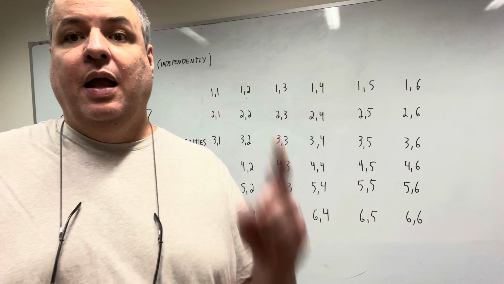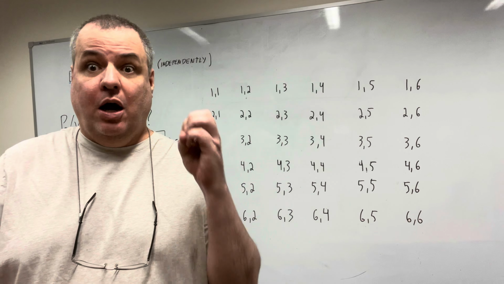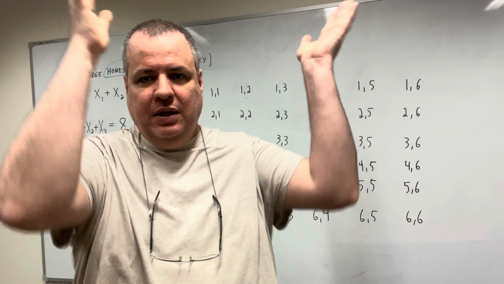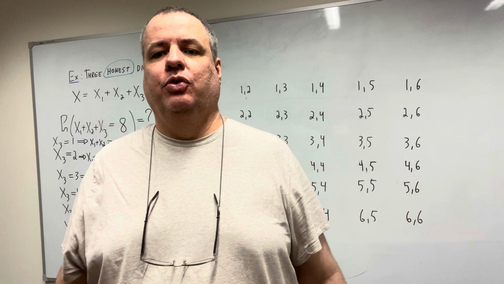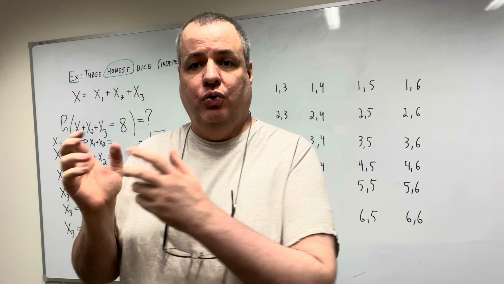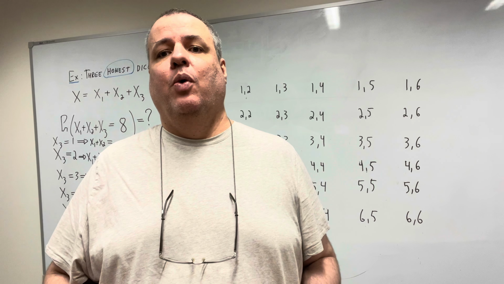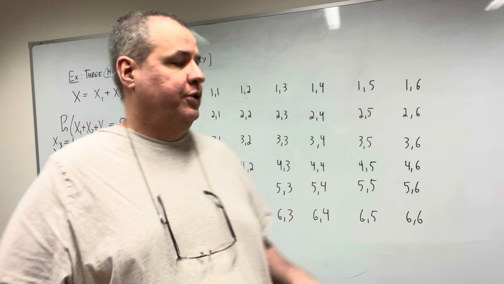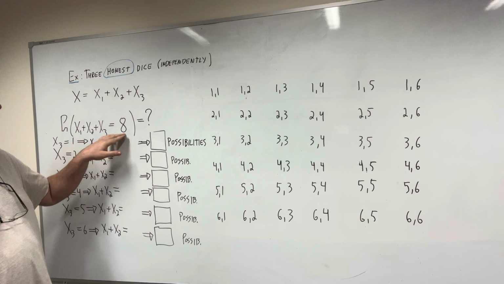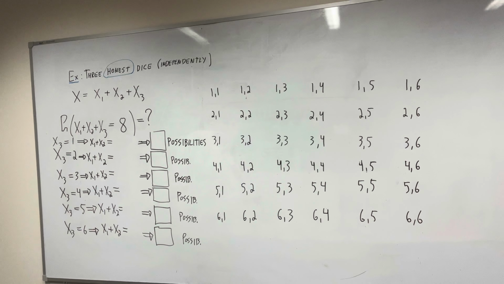So, exercise. Now we have 3 honest dice. We throw the dice and we add up the results, right? And the exercise is asking, when you throw these 3 honest dice, what is the probability that their sum is going to be exactly 8? Okay, so how can we solve this?